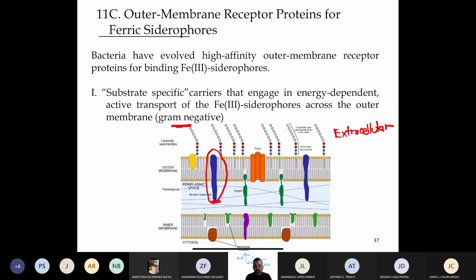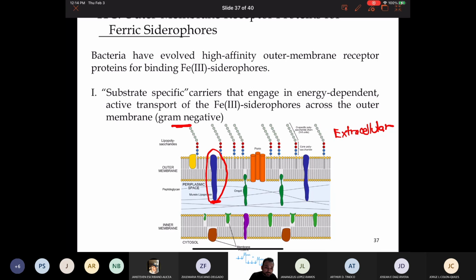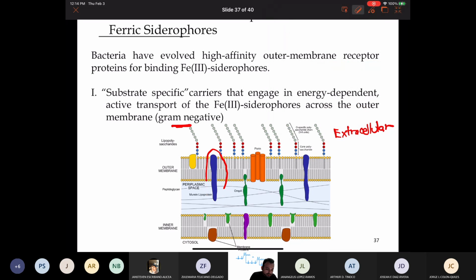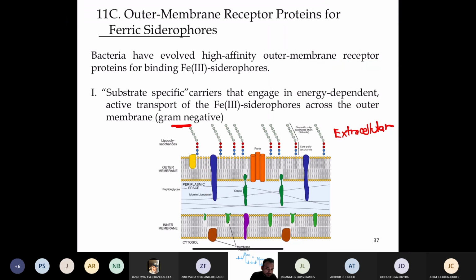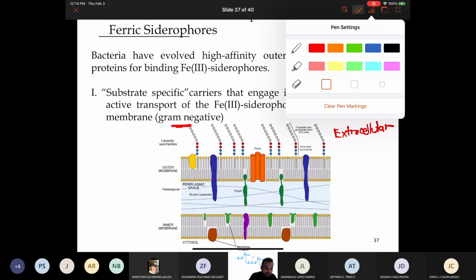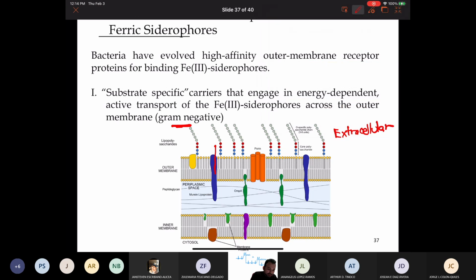And so what happens is that once that recognition occurs, that's going to lead to an opening, so that now the complex can actually go through.